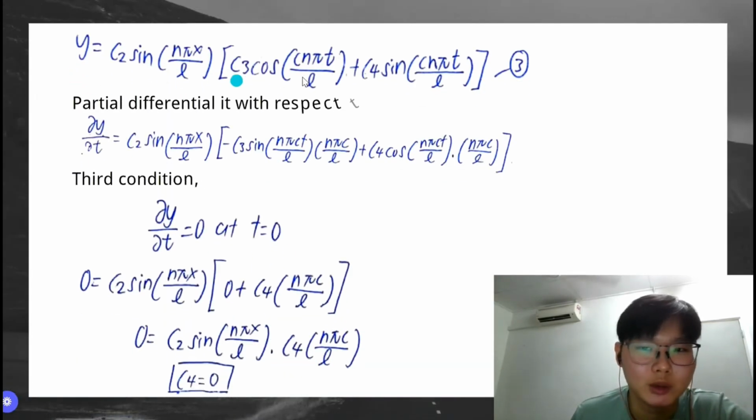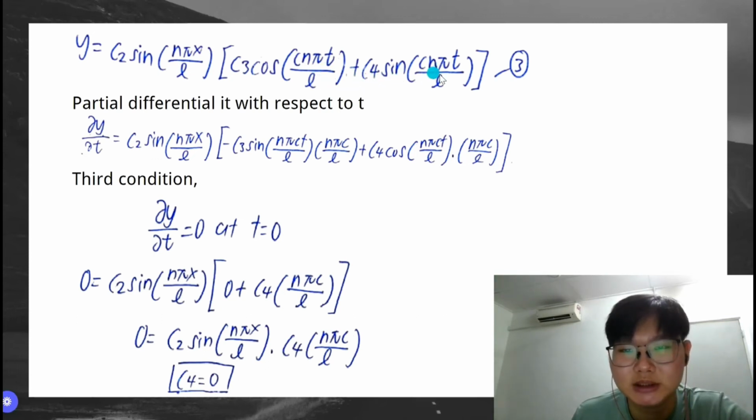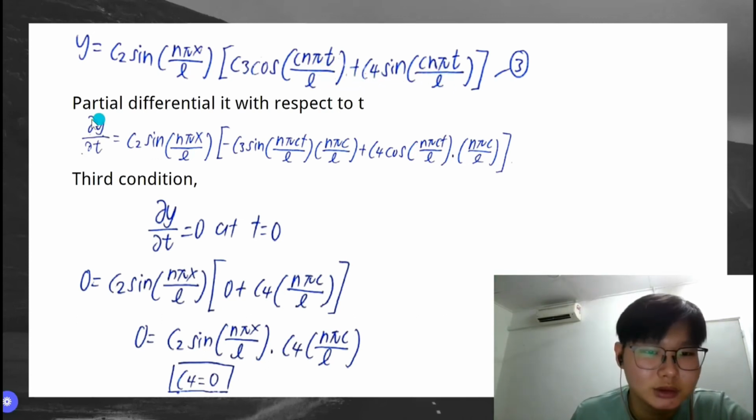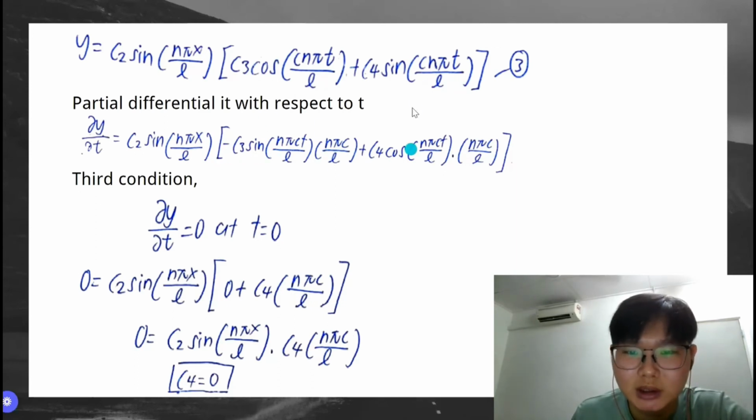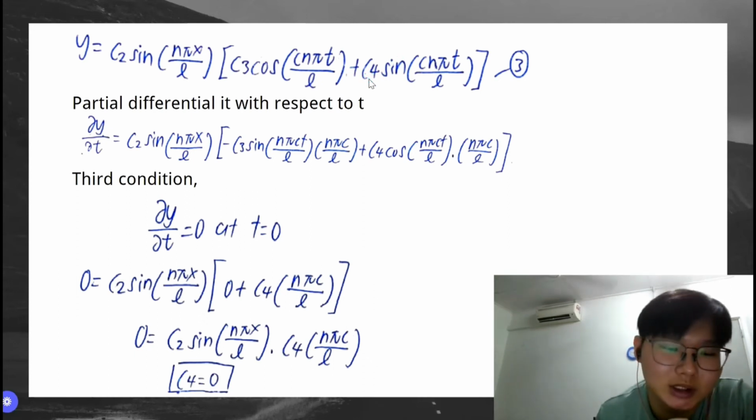So now our equation will become C2 sin(n pi s divided by l) multiplied with (C3 cos(c n pi t divided by l) plus C4 sin(c n pi t divided by l)). Now we partially differentiate it with respect to t. When we differentiate, the cos will become negative sin, and when we differentiate the sin, we will get cos.